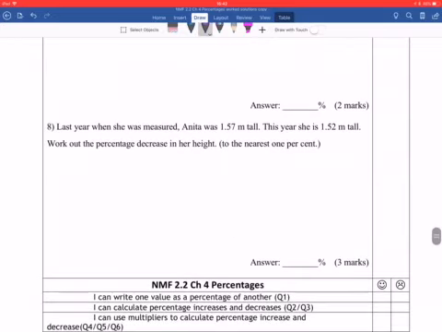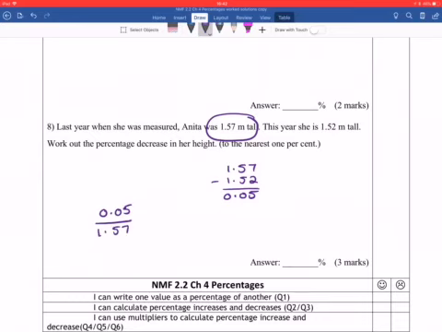Last question. Last year when she was measured, Anita was 1.57 metres tall. This year she's 1.52, so she's actually gone down. So she's gone down, if you take them away, by 0.05. Now you have to do it out of the original amount. So I'm going to do 0.05 out of 1.57 and multiply by 100.